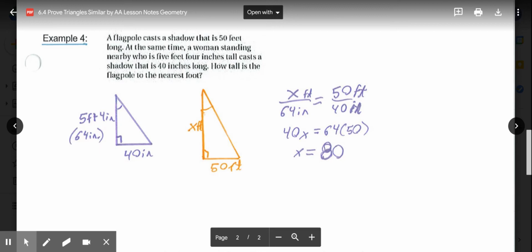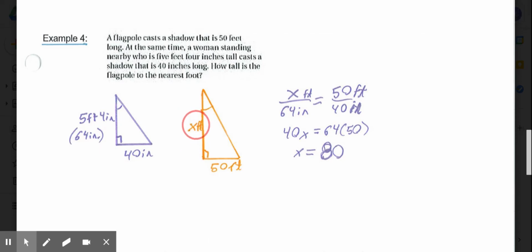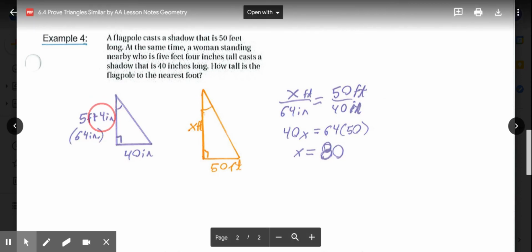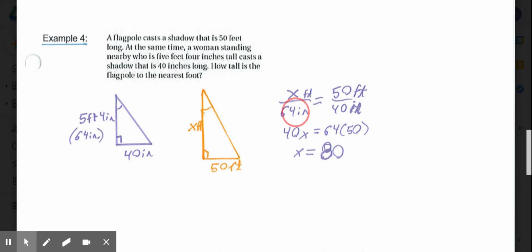So now I want to set up my proportion. If I'm trying to figure out x on this triangle, it corresponds with this side of 64 inches. So x over 64. Then on this one, 50 feet, length of the shadow there, over the woman's shadow of 40 inches.